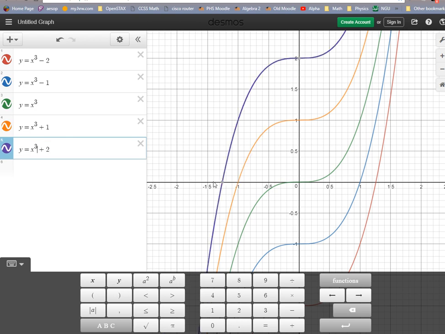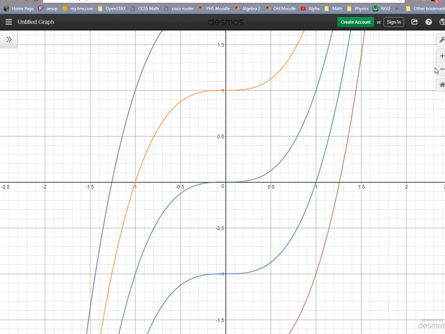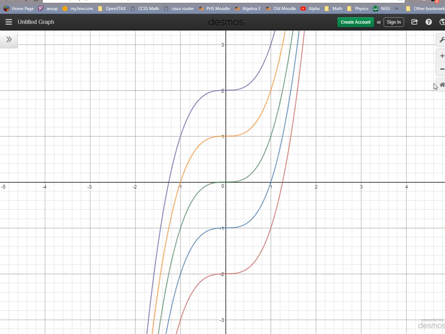What do you notice in common? If we zoom out a little bit, what do you notice in common here? If we talk about a family of curves like this, describe that. What do the trajectories all seem to be relative to one another?